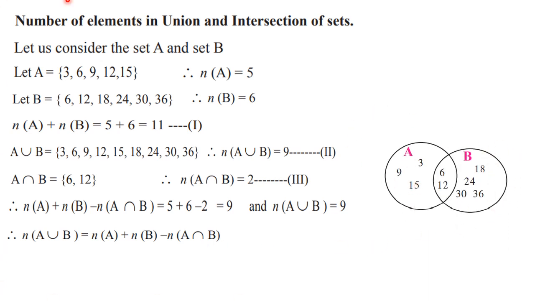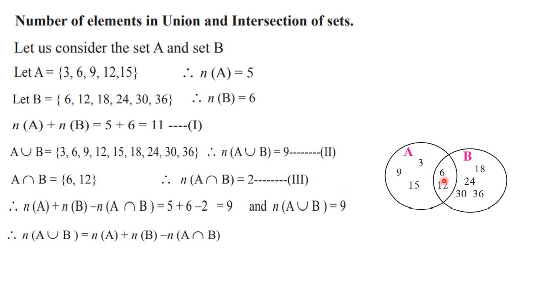By using the Venn diagram you can find that n of A is 1, 2, 3, 4, 5. Correct. n of B is 1, 2, 3, 4, 5, 6. Then intersection, 6 and 12, 2 elements. Correct. And union is 1, 2, 3, 4, 5, 6, 7, 8 and 9, so 9 elements you can see.